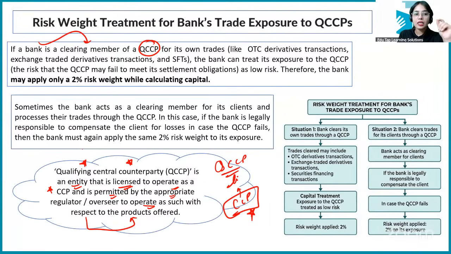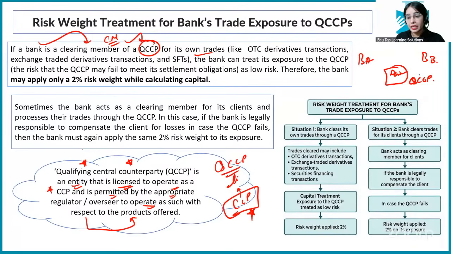Now, if the bank is a clearing member of a qualified central counterparty for its own trade, that means, let's say bank A is doing the trade with bank B in the derivatives. There is a qualified central counterparty. In this case, what happens is that the qualified central counterparty takes some of the risk, because if bank B defaults, then the qualifying central counterparty will have to complete the transaction basically.